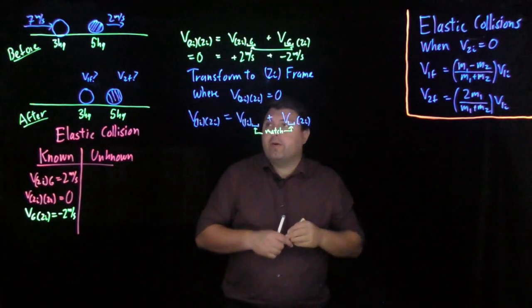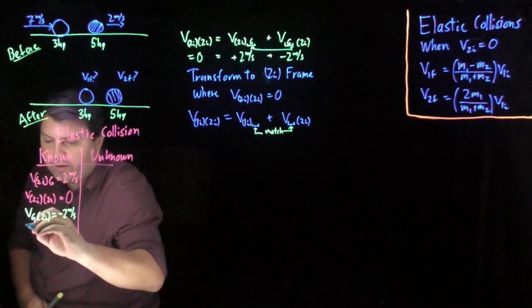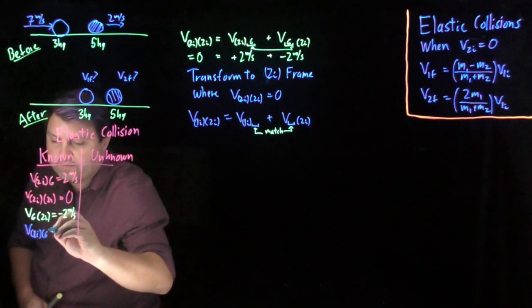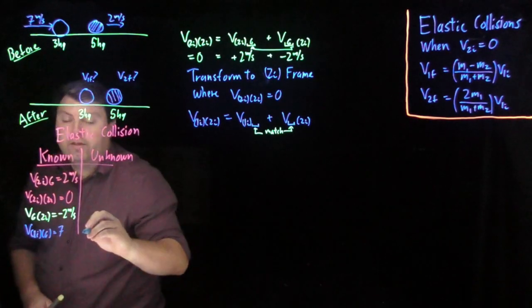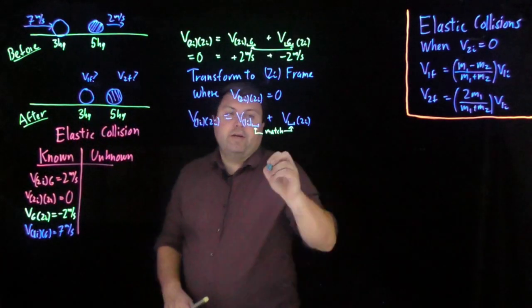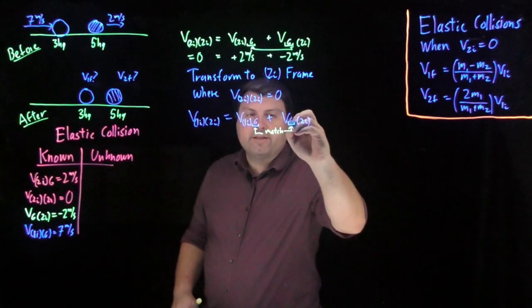Well, what do I know? I know that my velocity of 1i relative to the ground is 7 meters per second. So if I have this be g here, then this also has to be g.